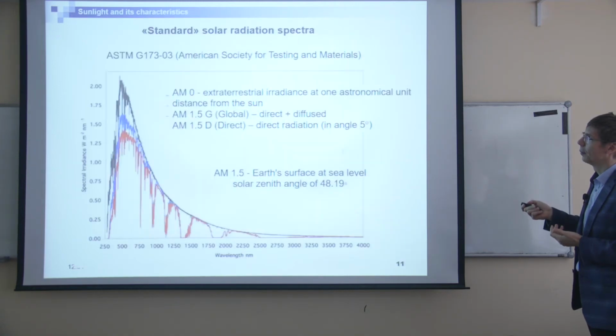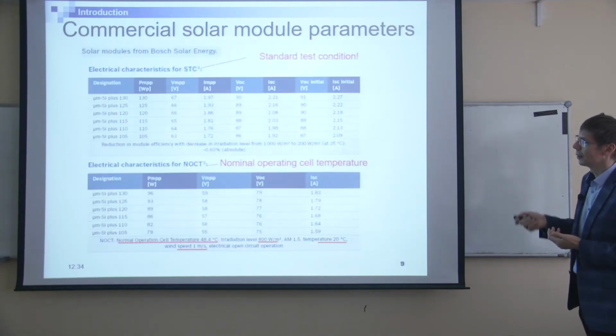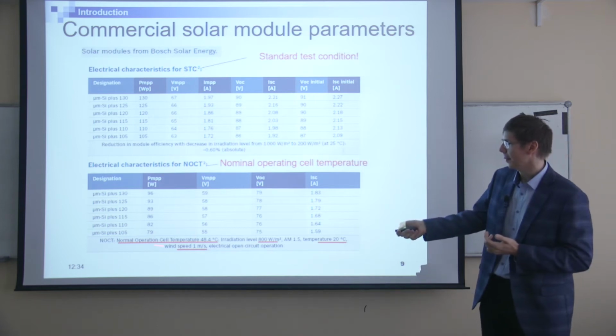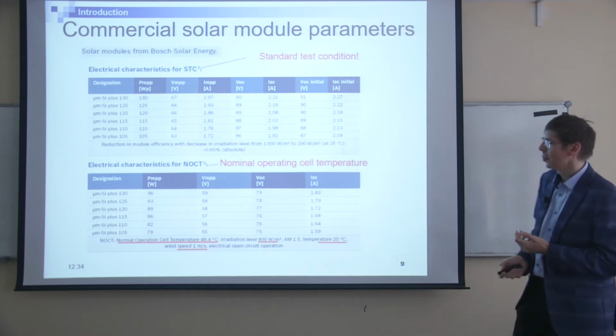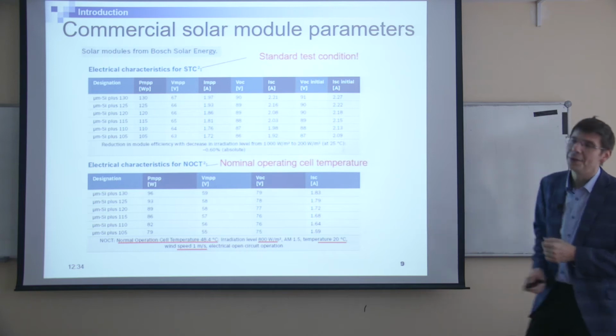So I can give you some examples. Sometimes you can find this parameter, nominal operating cell temperature. You see, it's approximately 50 degrees.